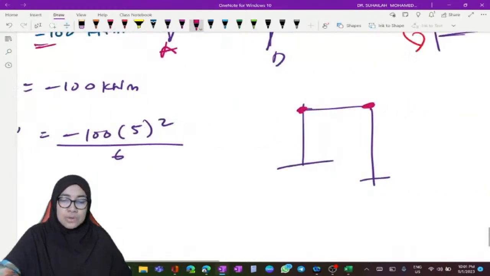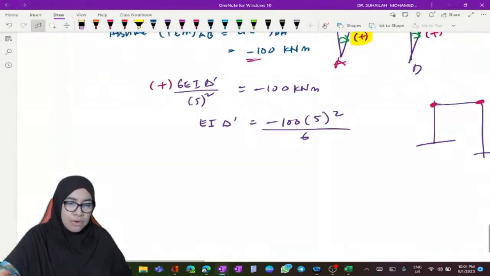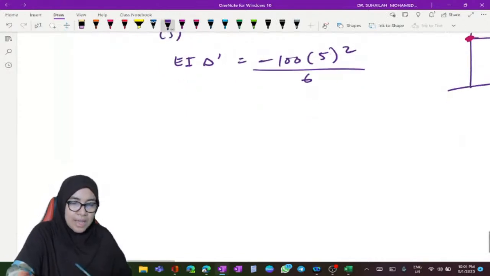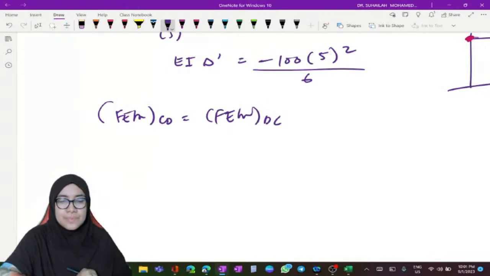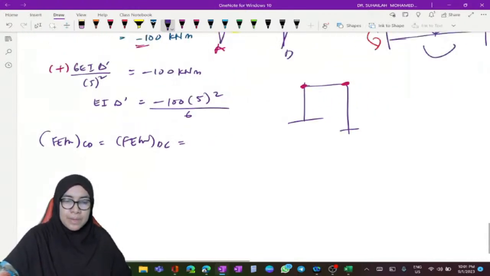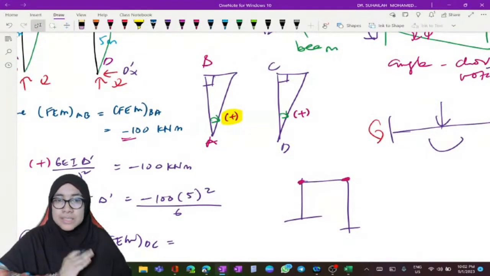So we continue to calculate FEM for CD, which is equal to FEM for DC. So we apply the formula. Remember, CD has the same behavior. The angle is also positive.